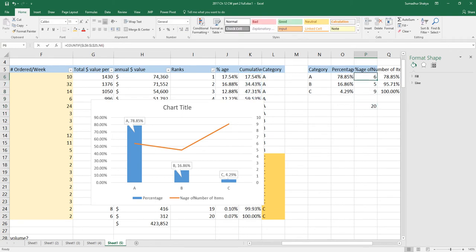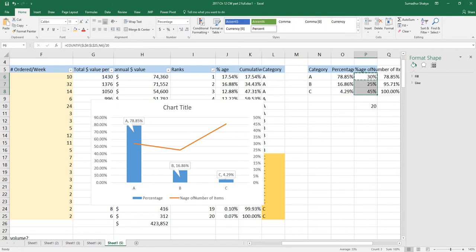So if I was to say this divided by 20, I'm going to show these as well in percentage terms. Yeah.